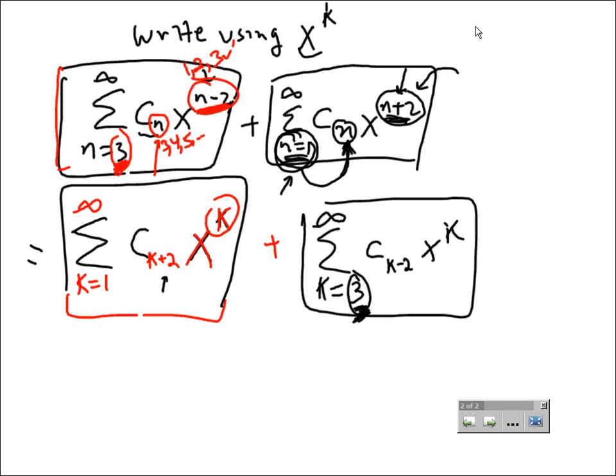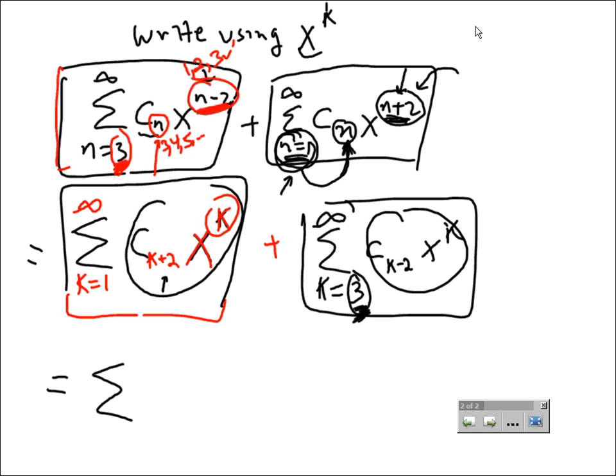Now, I could write this down as one summation. It's the summation of this plus the summation of that. Before we can have one summation, we need to realize that this is starting at 1 and this one's starting at 3.